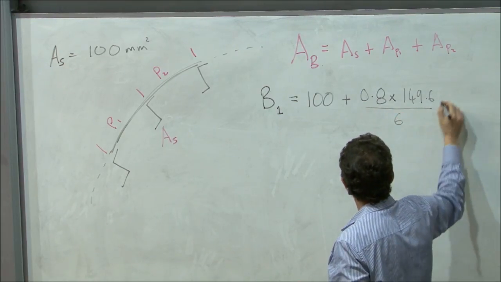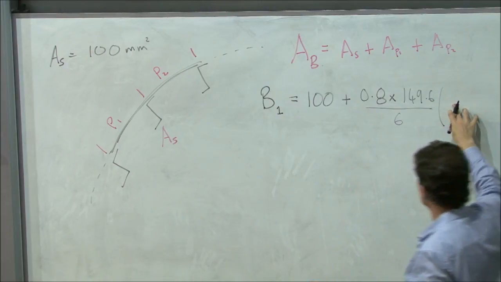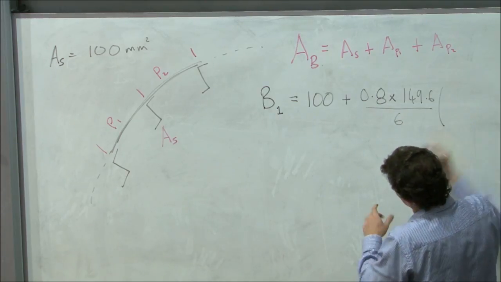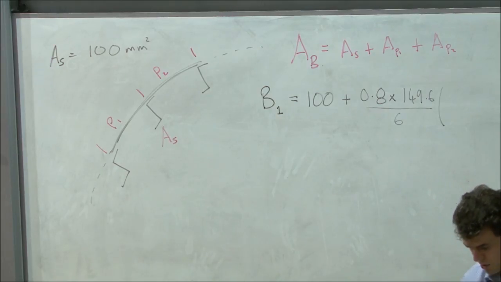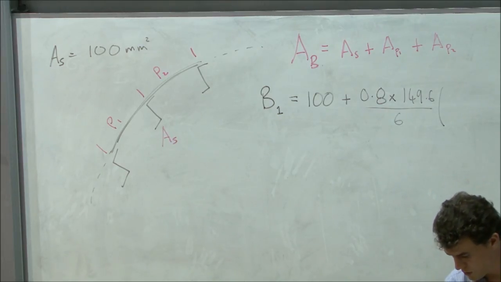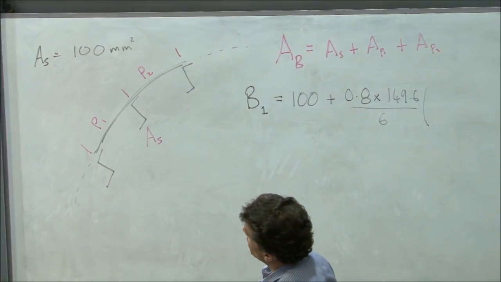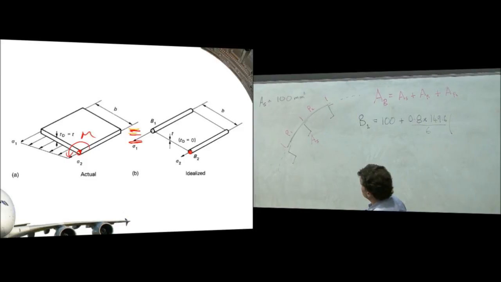On 6, times... now, let's look back at our little diagram here. If we're calculating B2, then the ratio here is sigma 1 over sigma 2. If we're calculating B1, then it's sigma 2 over sigma 1.